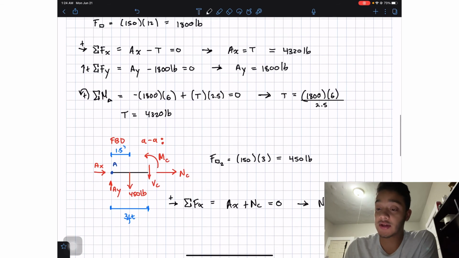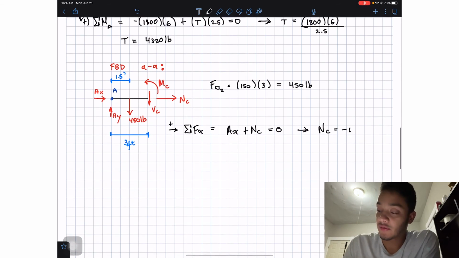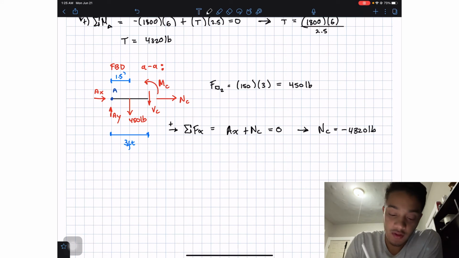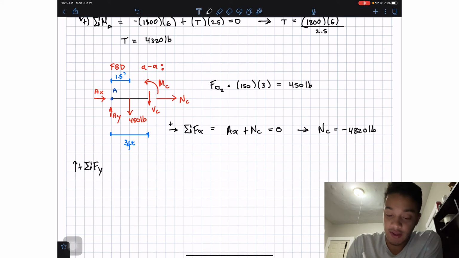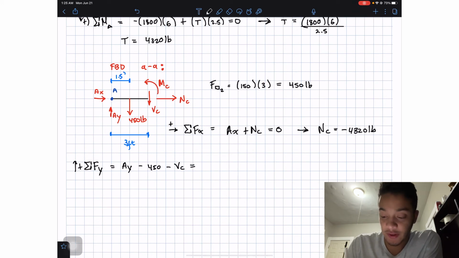So since we know AX, NC will be negative 4,320 pounds. Okay. Next, we can do the summation of forces in the y direction. Going up is positive. And what do we have? Well, we'll have positive AY, negative 450 pounds, and negative VC.